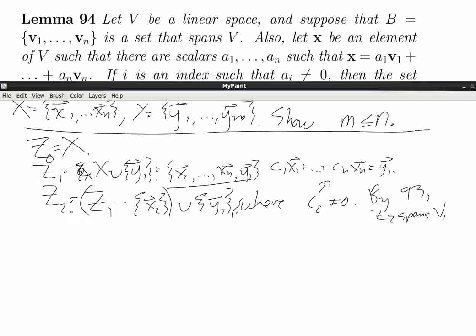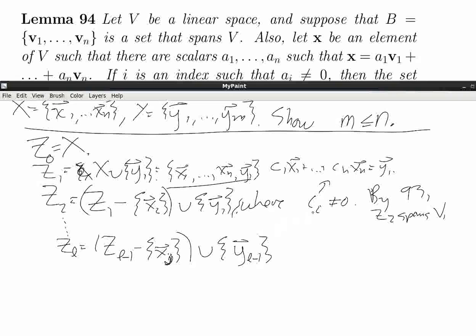We're going to keep on doing this until we reach, how about ZL, which is going to equal Z(L minus 1) minus some xj, maybe I'll call it xj because it's probably different, since it's gone, union y sub L minus 1.